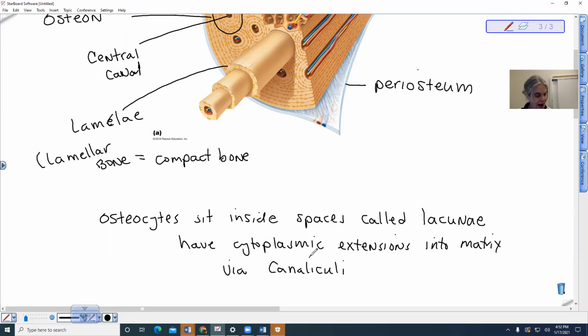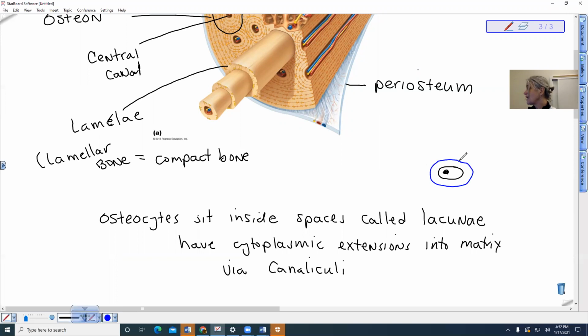Canaliculi. So that actually provides the space that those cytoplasmic extensions extend into. So what you see when you look at this diagram at a greater magnification is you might see a space. Actually, let's say that this is my cell, right? And it is sitting in a space. So let's draw that. This is a space within the matrix.